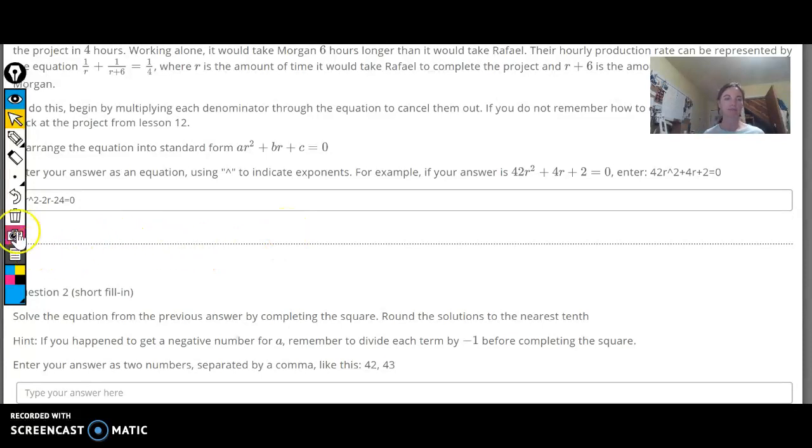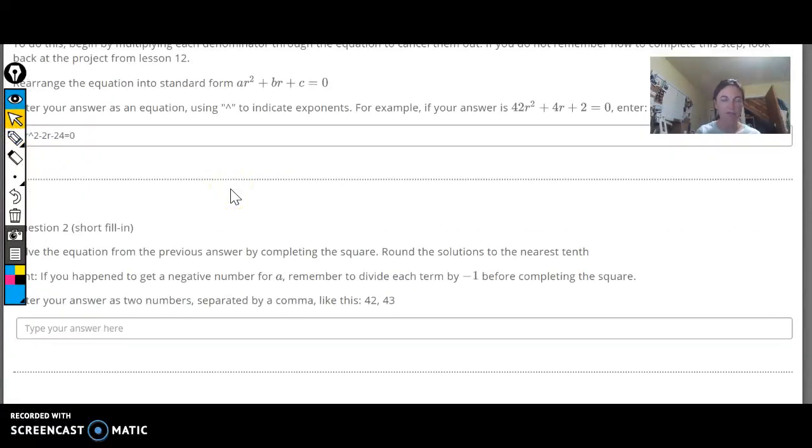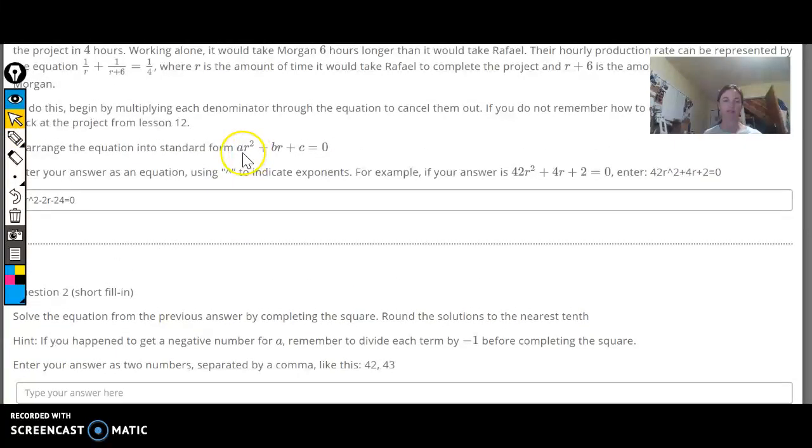If you'll remember, standard form of the quadratic equation, we didn't get a negative a, so we don't need to multiply by negative 1. We're going to end up with two terms here, and I just wanted to make sure that they didn't want the factors, they indeed want the solutions. So we've got r squared minus 2r minus 24. Ax squared plus bx plus c equals 0 is our standard.